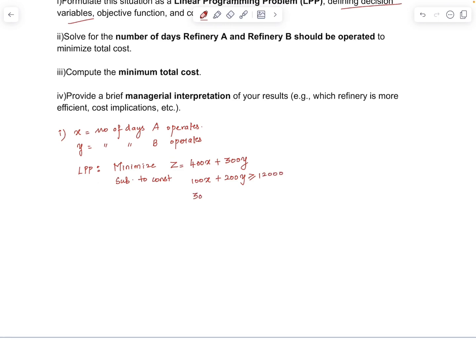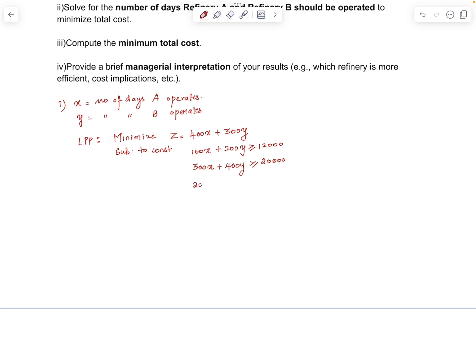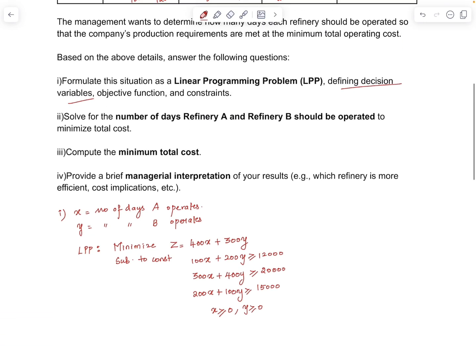Next one is 300X plus 400Y is greater than or equal to 20,000. And the third constraint is 200X plus 100Y is greater than or equal to 15,000. X is greater than or equal to 0 and Y is greater than or equal to 0 as they can't be negative. So this is the answer for question 1.